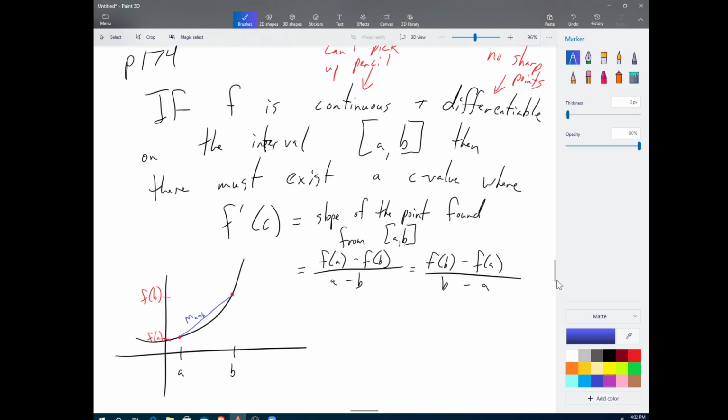The theorem is telling us by definition, somewhere in here, there's a tangent line that's parallel. At some C value, the derivative of my function, let's go ahead and plug in the C though, is going to equal the slope of A to B, which means that they're not going to show up in the same place, but they are parallel.